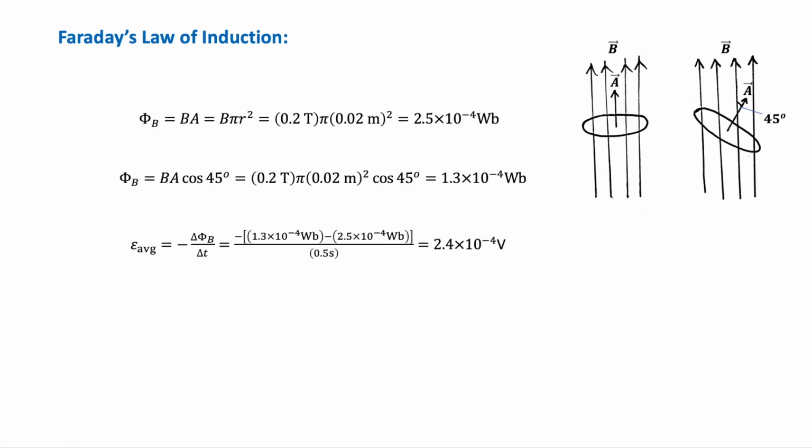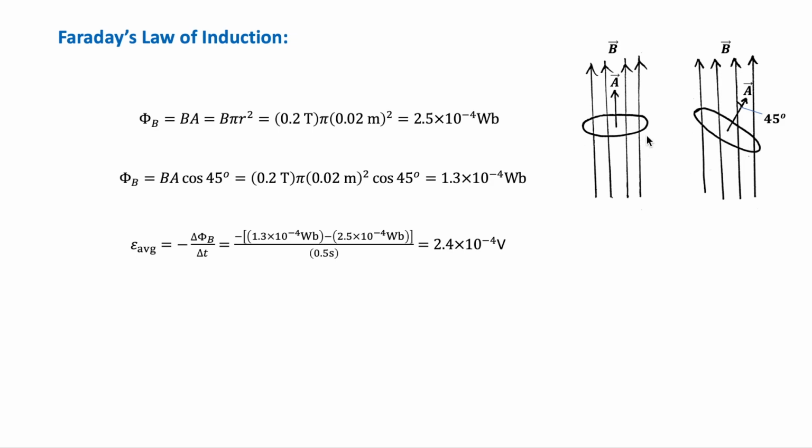So let's consider the following example where a loop of radius 2 centimeters is placed in a uniform magnetic field of 0.2 Tesla, and then it is rotated by an angle of 45 degrees with a constant angular speed during a time interval of 0.5 seconds. We want to find the induced electromotive force in the loop due to the change in flux.